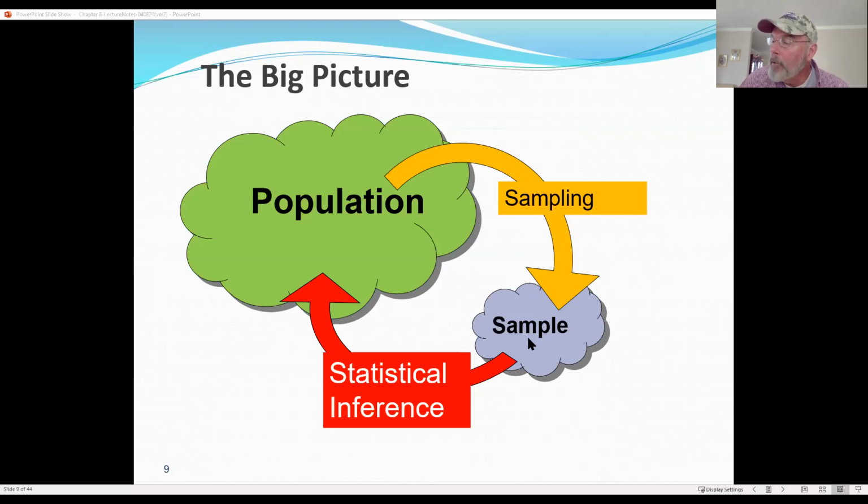And the randomness is very, very important in trying to get an inference about the population through sampling. All right, we really want to know something about the population, and the only way we can get to something that we want to know is by random sampling.